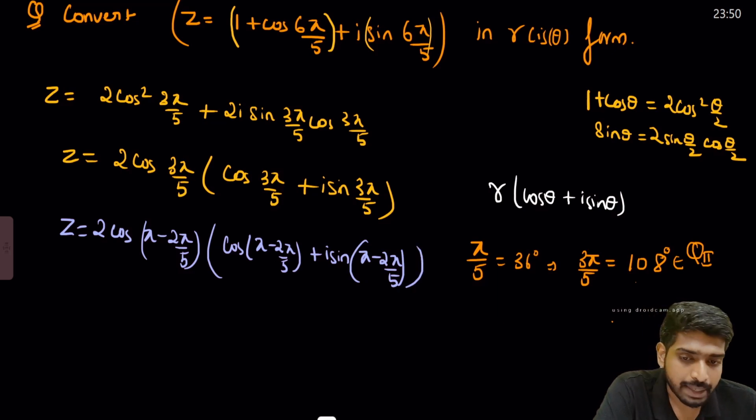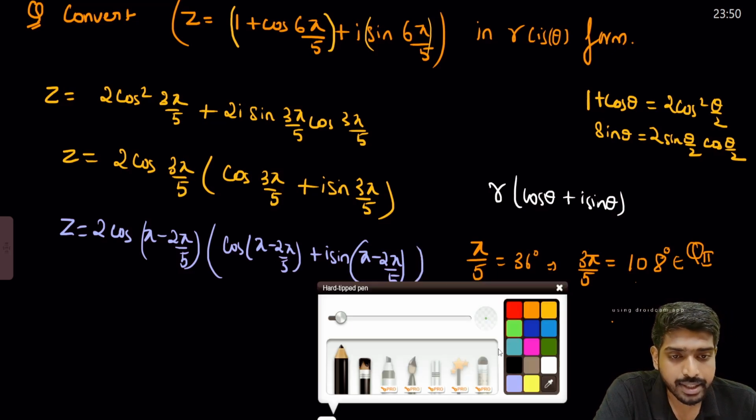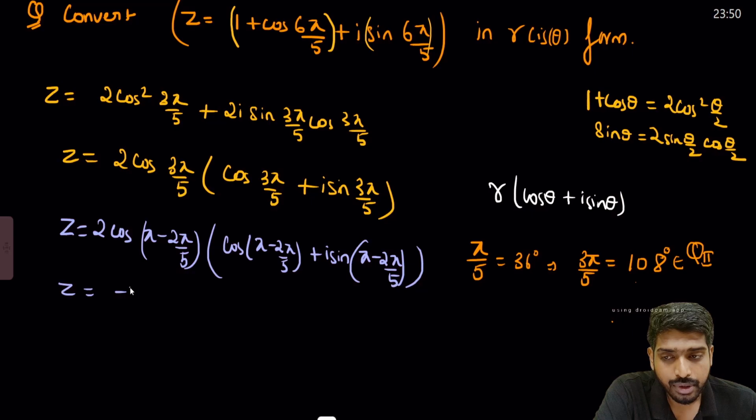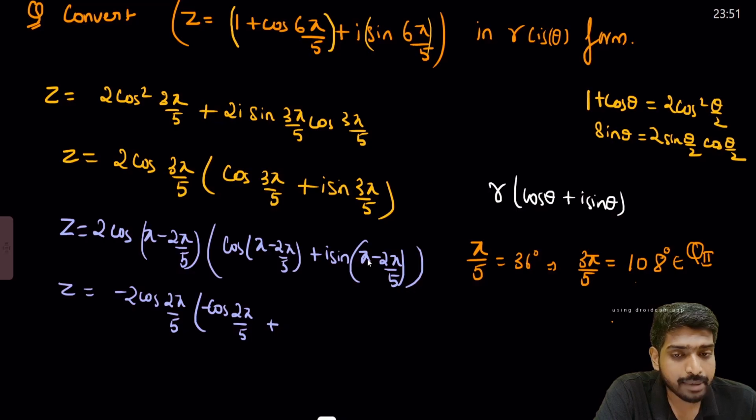So what is cos pi minus theta? Cos pi minus theta is minus cos theta. So here I'll get z is equal to minus 2 cos 2 pi by 5 times minus cos 2 pi by 5, and sin pi minus theta is sin theta, so here I'll write iota sin 2 pi by 5, got it?